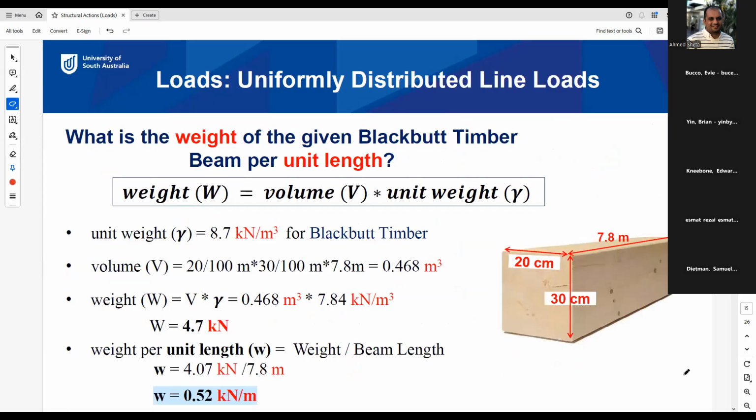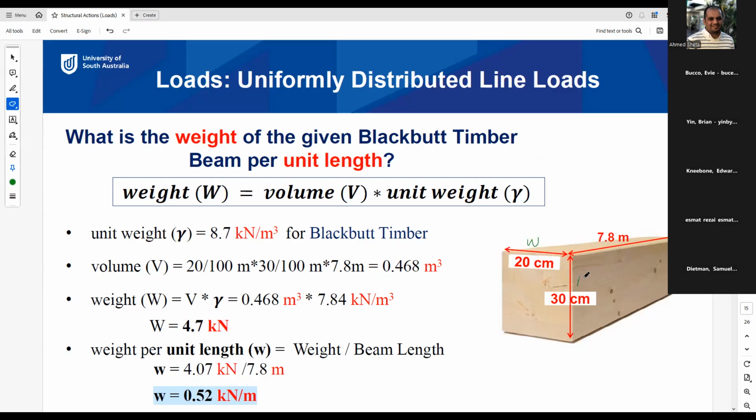And here is another example of calculation of weights and uniformly distributed load. For example, if we have a black butt timber beam like this, the length of this timber beam is 7.8 meter. The width of this beam is 20 centimeter.